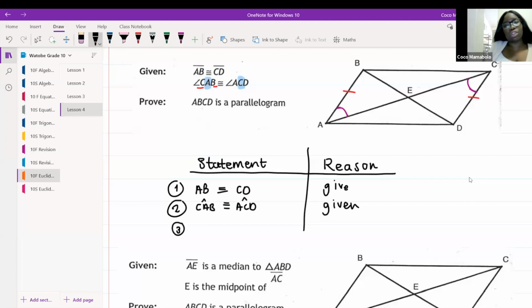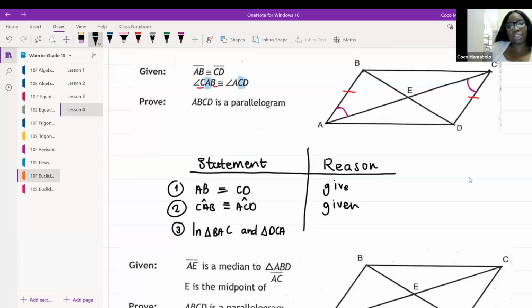All right, so I'm going to write here, number 3. I'm going to split this into triangles. They've done it for me. Let's map out the first triangle: in triangle BAC and triangle, now I started at B, so I'm going to go DCA, triangle DCA.